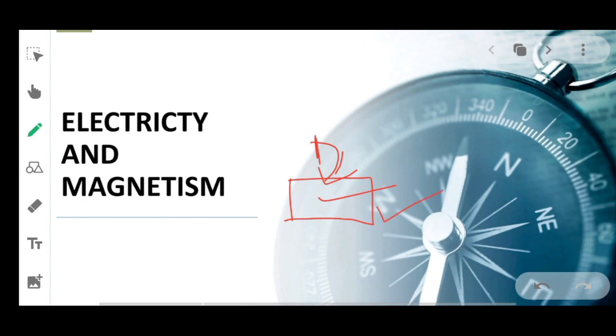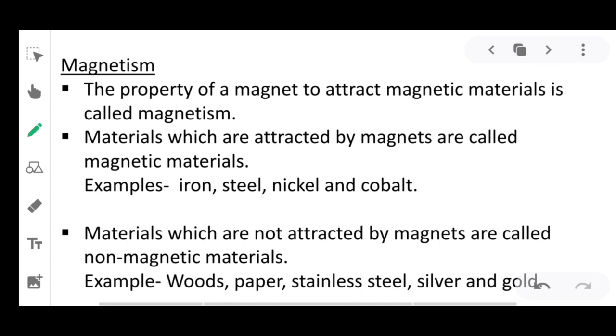So what is magnetism? The property of a magnet to attract magnetic materials. Magnetic material means the objects made up of iron, nickel, cobalt and steel.